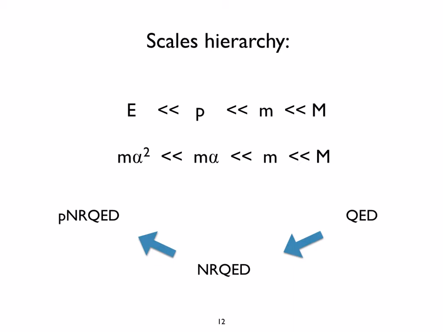So we have two top-down effective field theories, and we have to do the matching two times. And at the end we can evaluate energy level corrections in the so-called pNRQED, or potential non-relativistic quantum electrodynamics.